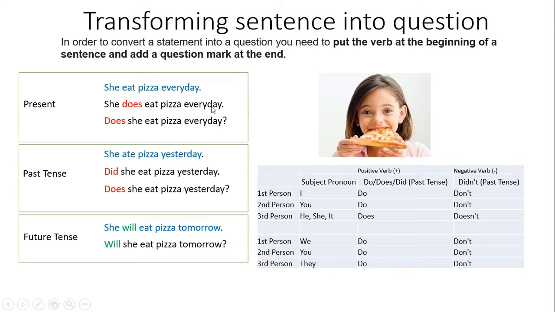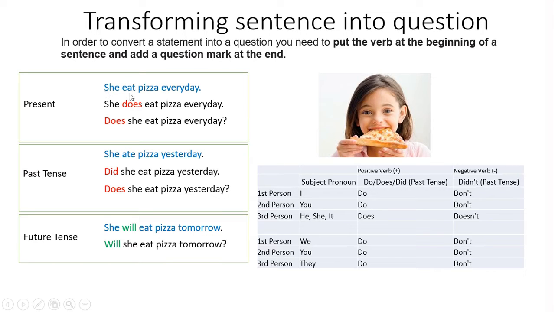Let's have another example for this. So instead of using the pronoun I, we will use the third person he, she, or it. So let's describe again the picture. Since the picture is about a girl who eats pizza, you will use the pronoun she.